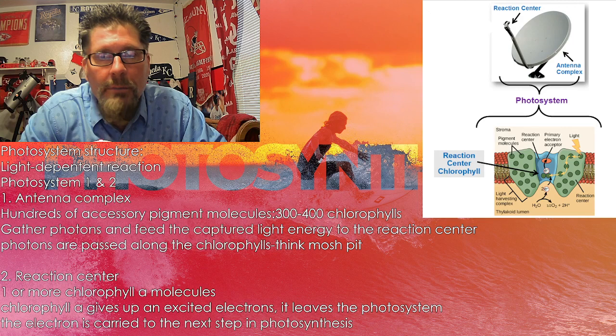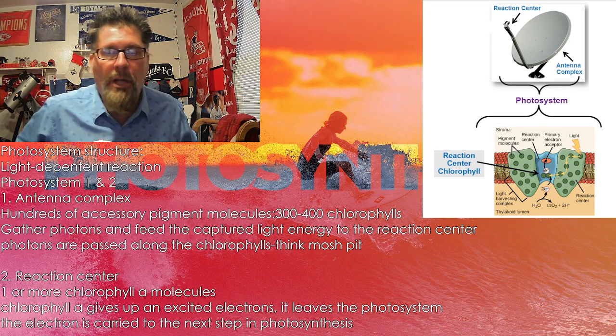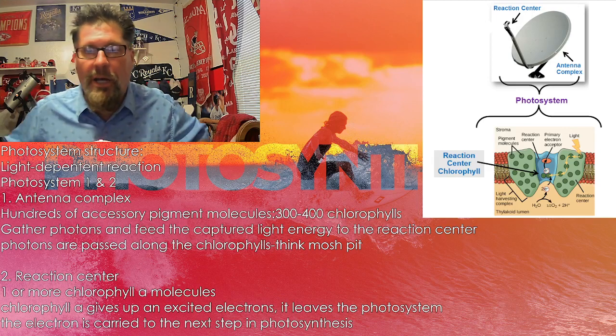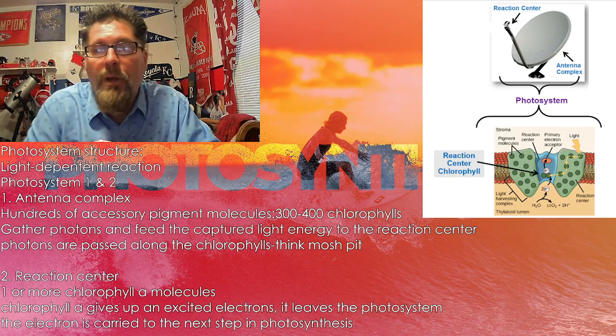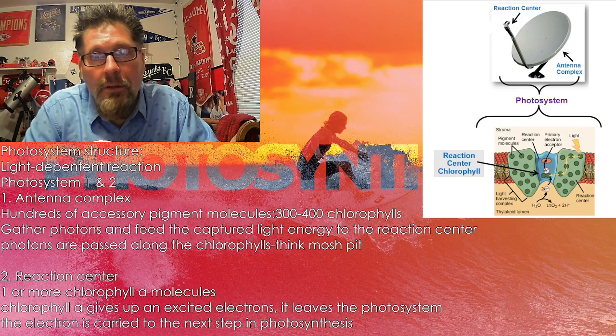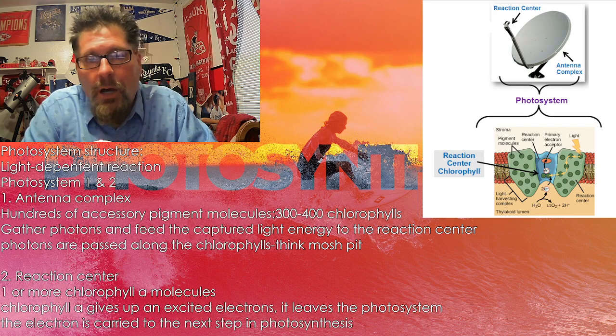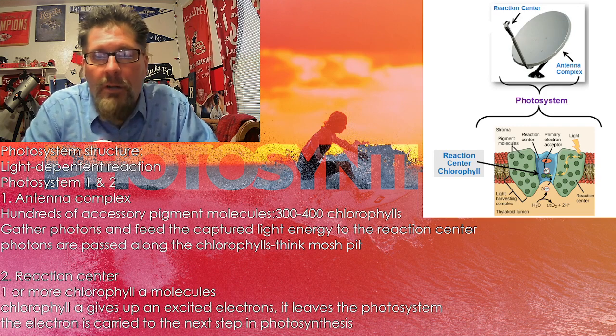We're going to talk about it here, but once we're in class, we'll also look at a little simulation to showcase that as well. But it's the idea of receiving the light energy, absorbing it, funneling it, and then using it to energize the electrons.